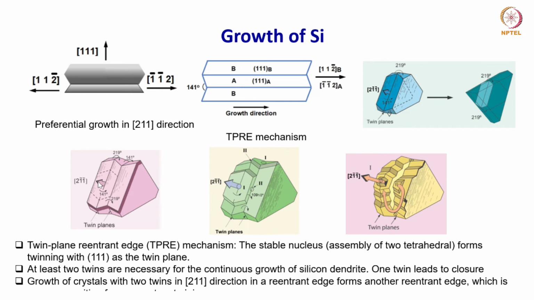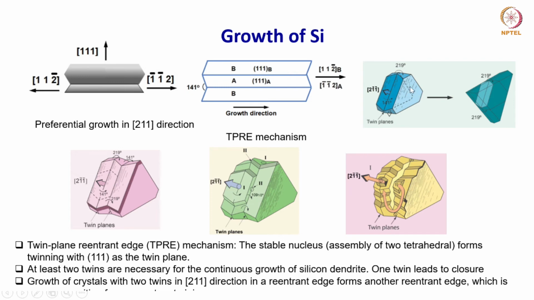Now, as I was saying, for this growth to occur preferentially in this particular direction, and for the growth to continue, one twin is not enough. If you have a single twin and it grows, it will lead to closure of the twin, as you could see. This is in the beginning, and if it grows in the 2-1-1 direction, then ultimately, since it is growing along this direction, these edges that you have are going to close.